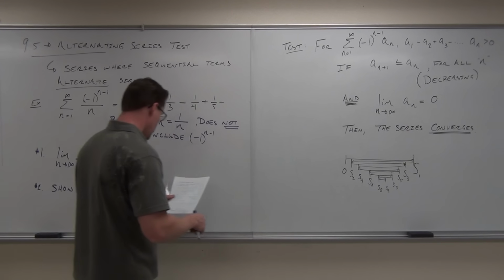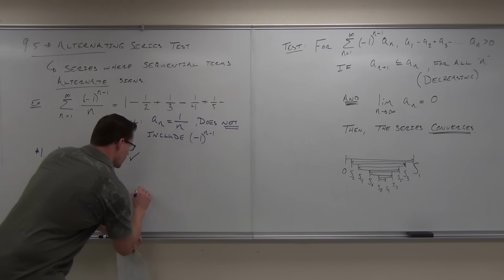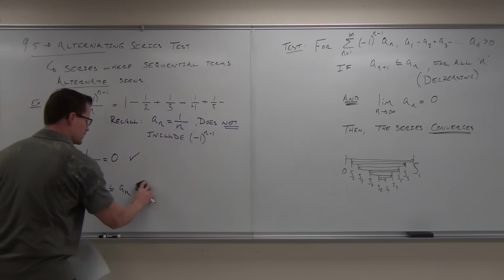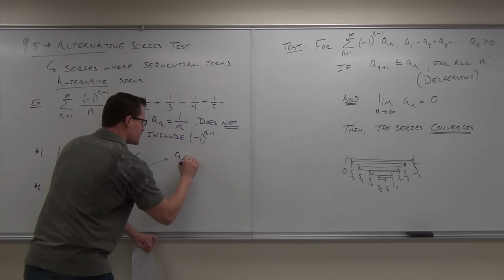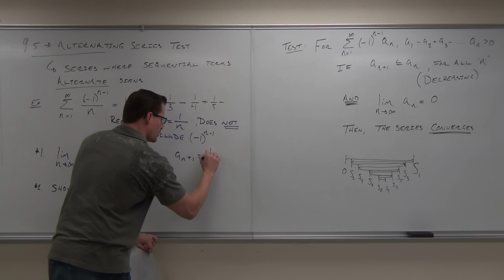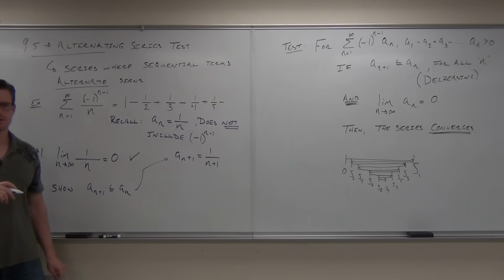For instance, because it's so fast for this one, here's how I would do it. I'm going to move up because I need a little room. A sub n plus 1 is equal to 1 over n plus 1, correct? Do you see where that's coming from?